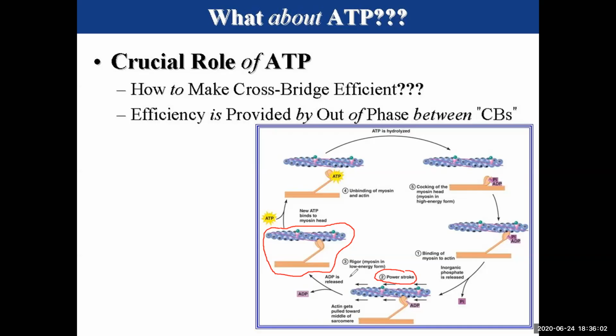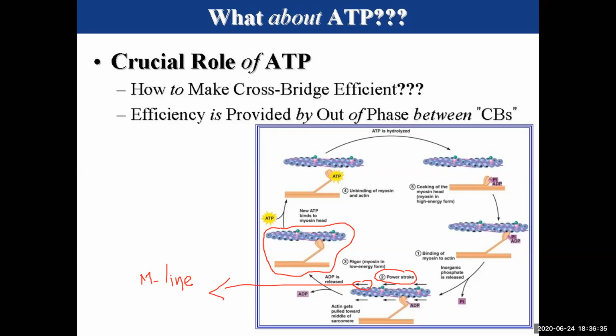So this power stroke, this black arrow, is moving toward the M line that we mentioned earlier. So this causes the thin filament to move toward the M line, due to the myosin grabbing the actin and pulling it toward the M line.